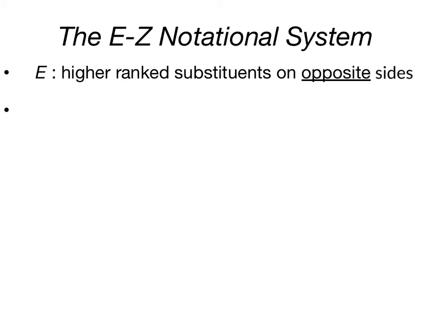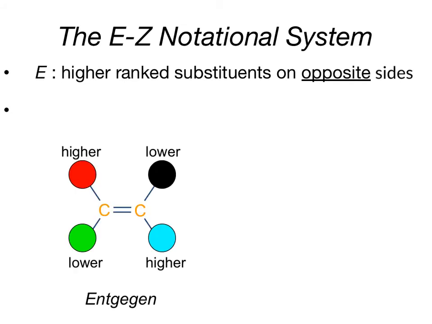So E is when the higher ranked substituents are on the opposite side of the double bond. So for example, I've got high on the top here and high on the bottom here, and therefore the highest priority groups are on opposite sides of that double bond. This stands for entgegen, which means opposite or separate in German.